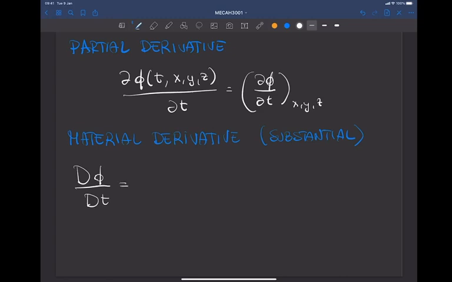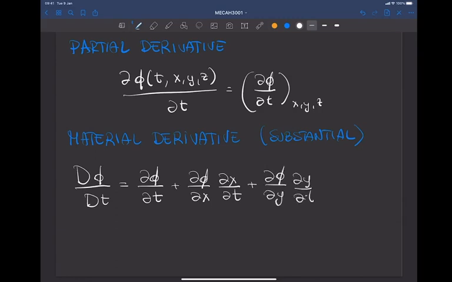And so what you have to do is to say, okay, I have a partial derivative of phi with respect to time, but I also have a partial derivative with respect to x, and I know that x is changing in time. I know a partial derivative with respect to y, and I know that y is changing in time, plus the partial derivative with respect to z, and I know that z is changing in time.